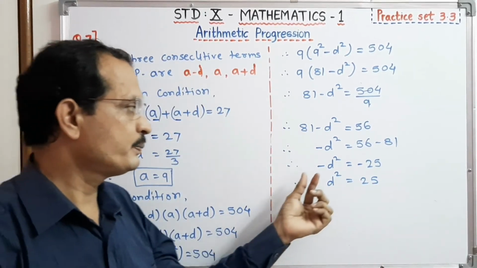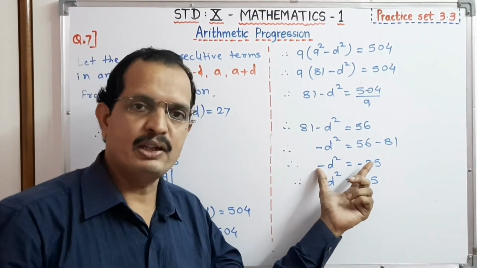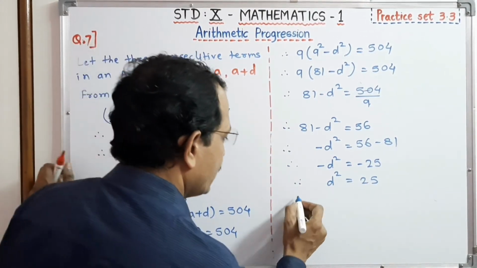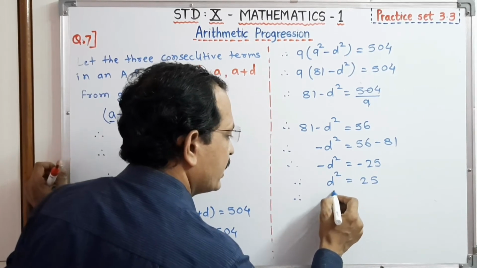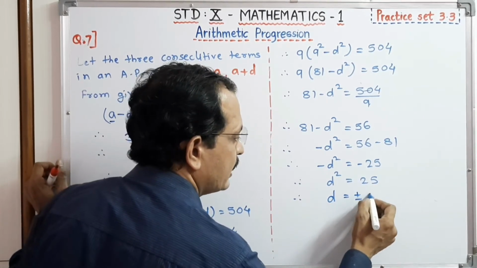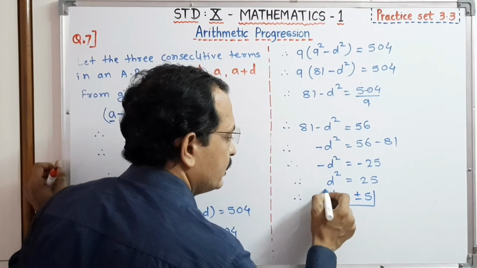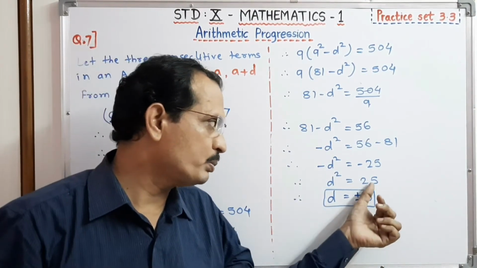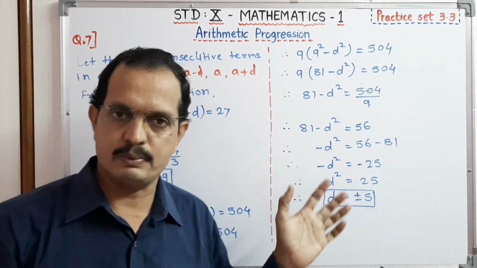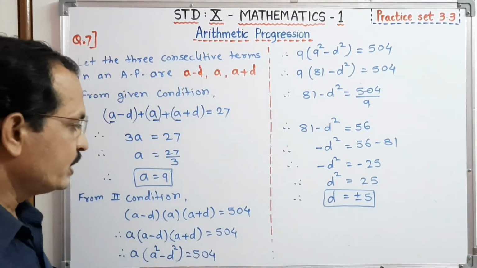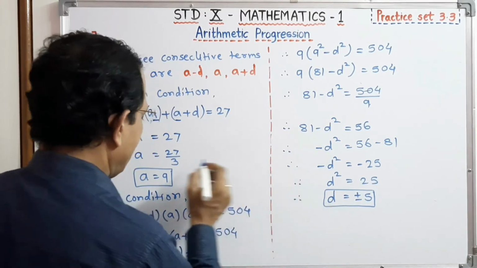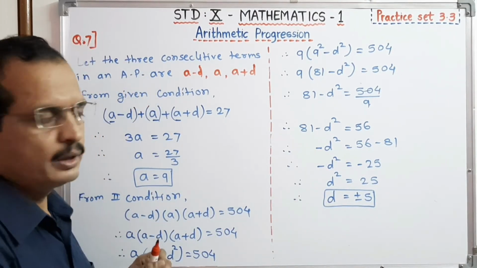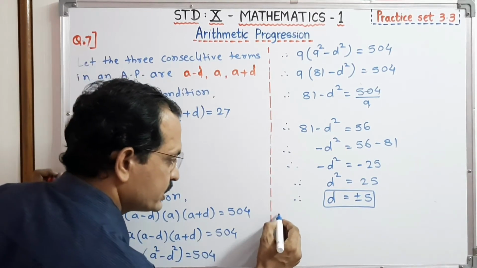As we know that multiplying by minus 1, we get here D square is equal to 25, and now taking square root we can write D is equal to plus and minus 5. Dear student, don't forget the square root of this 25 is plus or minus 5. Now see here, dear student, we got here A is equal to 9 and D is equal to plus or minus 5. Therefore here we have to write the two answers.